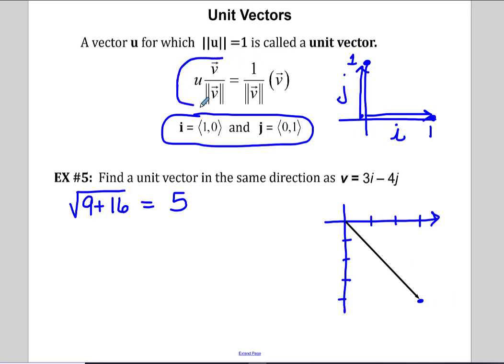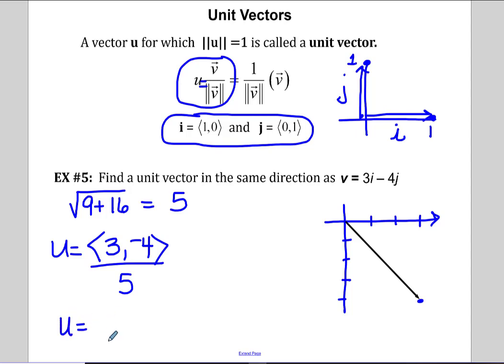You find the unit vector by taking the vector itself, which is <3, -4>, and we're going to divide it by the magnitude, and the magnitude is 5, or the length of that vector. So our unit vector in the same direction as vector v is going to be <3/5, -4/5>.